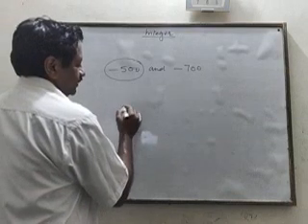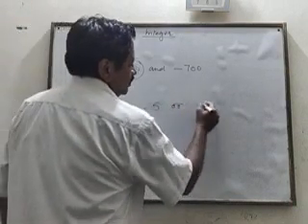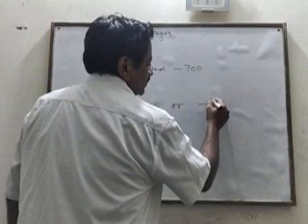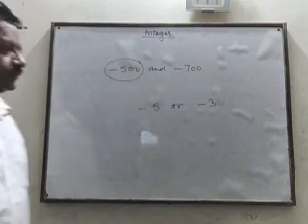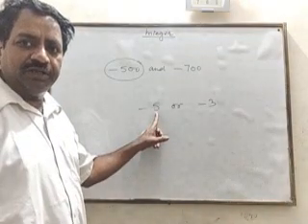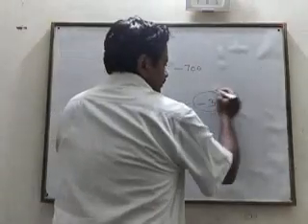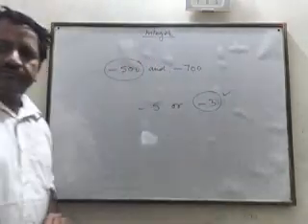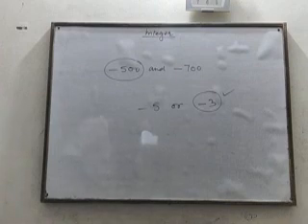Which one is greater, -5 or -3? The bigger number in minus is actually the smaller one. So greater is -3.